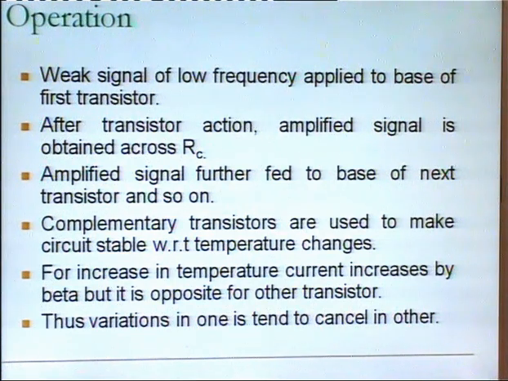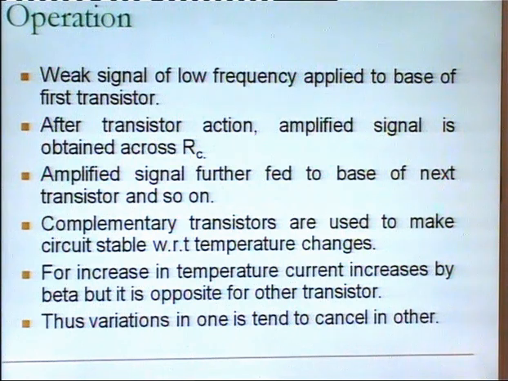The transistor will provide the amplification as transistor and amplifier action will be done. After transistor action, this amplified signal is obtained across resistance RC. Again, this amplified signal is further fed to the base of the next transistor, and so on, depending on how many stages you have employed in your multi-stage amplifier.